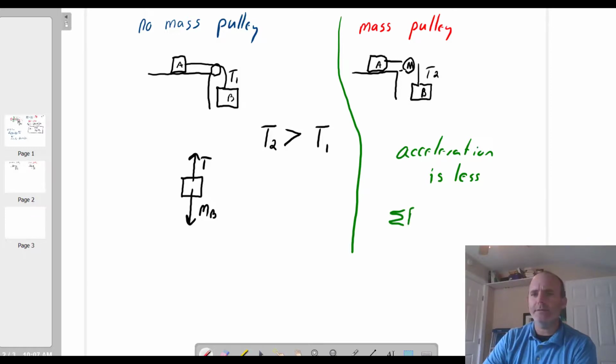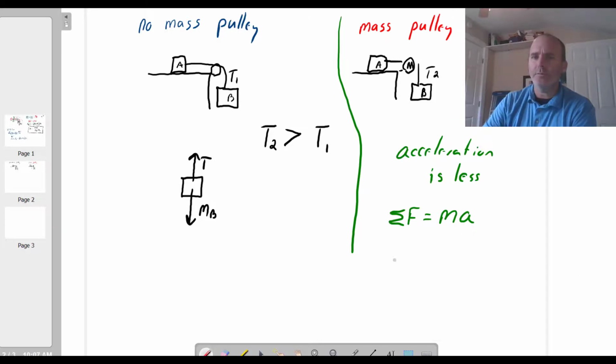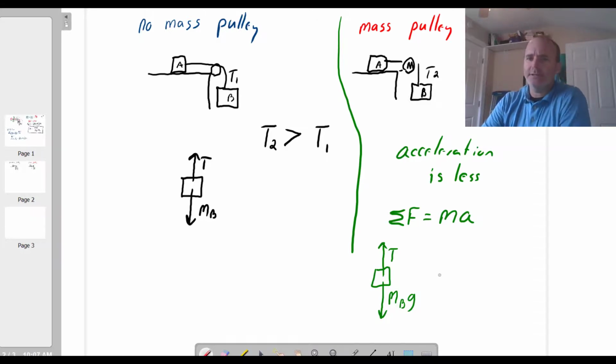If I sum my forces and set it equal to mass times acceleration, I'm going to look at mass B. I'm going to have mass B, G, and here I have T. Let's say that down is positive.